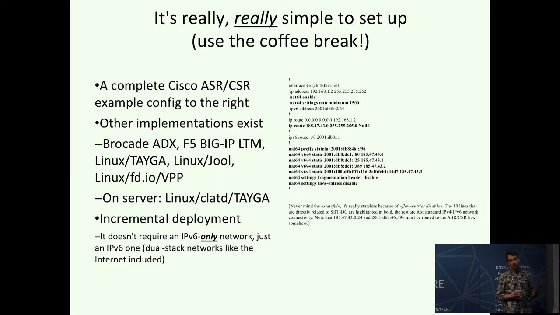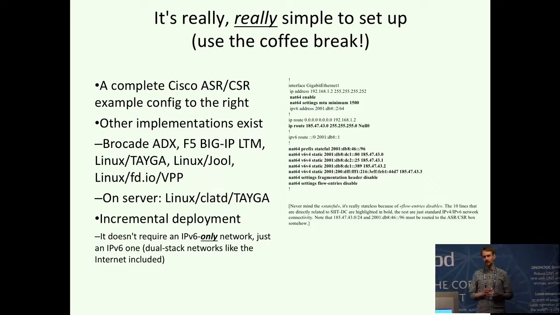So the final thing I just want to mention is that this does not require you to run v6 only in your data center. It facilitates v6 only in the data center, but it doesn't require it. So if you have dual stack in your data center, then that's fine. You can run SIIT-DC on top of the v6 connectivity in your dual stack data center if you want to just play with it and test it.